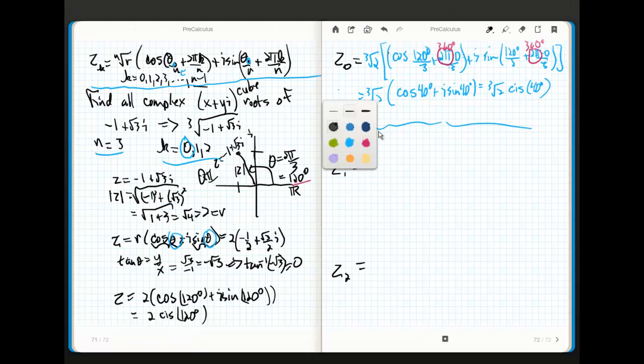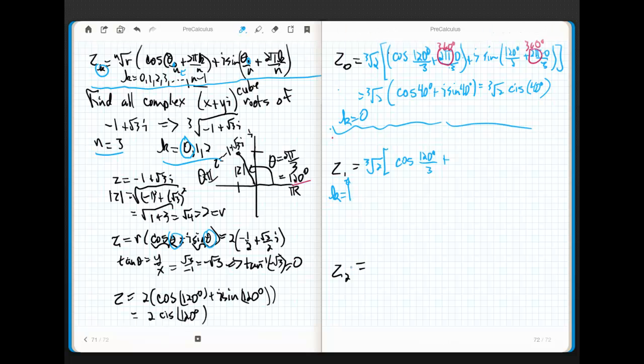If you didn't, you're going to end up with a really strange answer when you do it down here. But let's do it together. You ready? So we've got the cube root of 2 times the cosine of 120 degrees divided by 3 plus, now check it out, 360 divided by 3 is 120. Now remember, for this, k was equal to 0. For this, k is equal to 1. Notice that these two always match up.